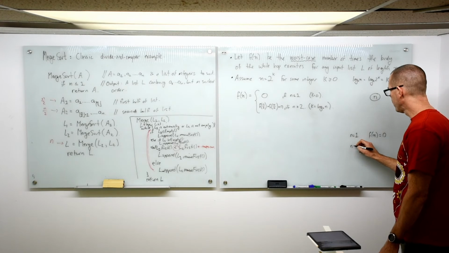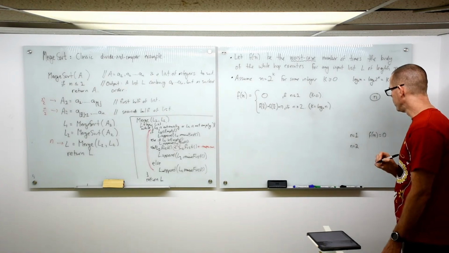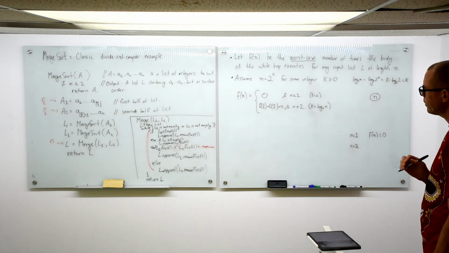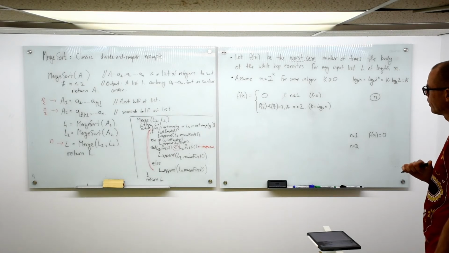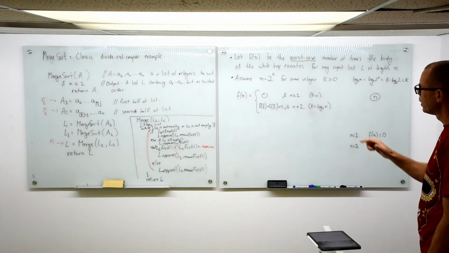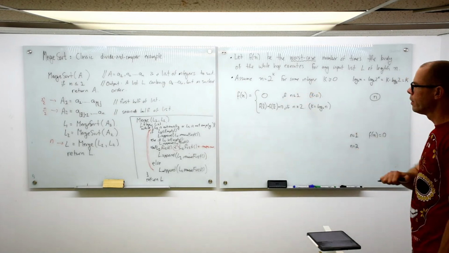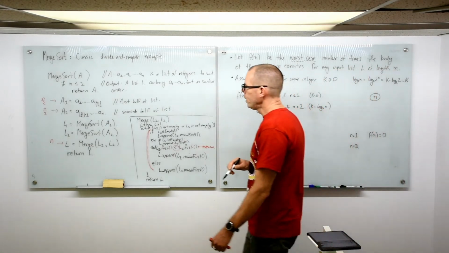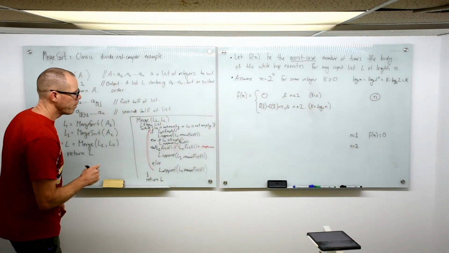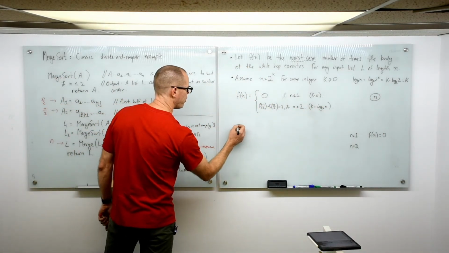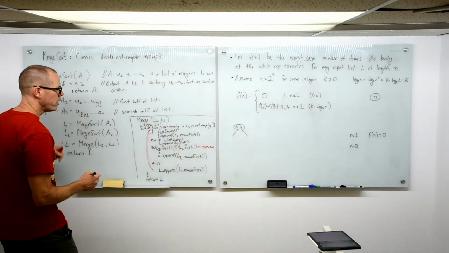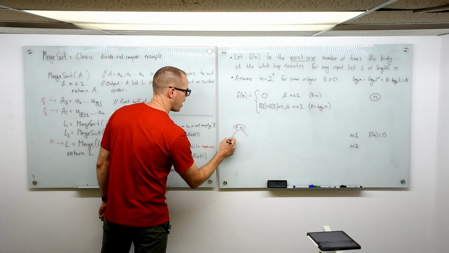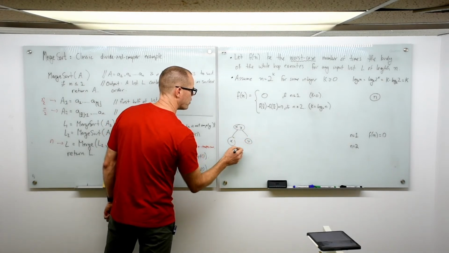Now what if n is equal to 2? We can either look at the recurrence or at the code. If we execute the code, we start with a list that has two things in it, x and y. We split it into two lists, one that contains x and one that contains y.